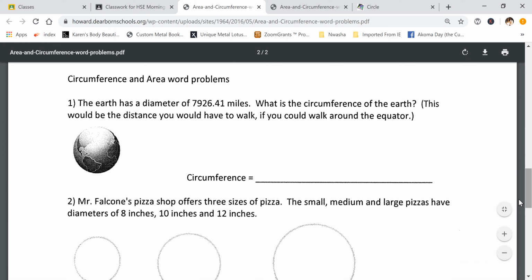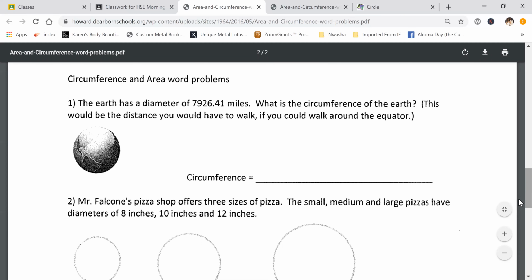So number 1 is talking about the diameter of the Earth, and it's asking you for the circumference. The Earth has a diameter of 7,926.41 miles. What is the circumference of the Earth? This would be the distance you would have to walk if you could walk around the equator. So they're telling you circumference.